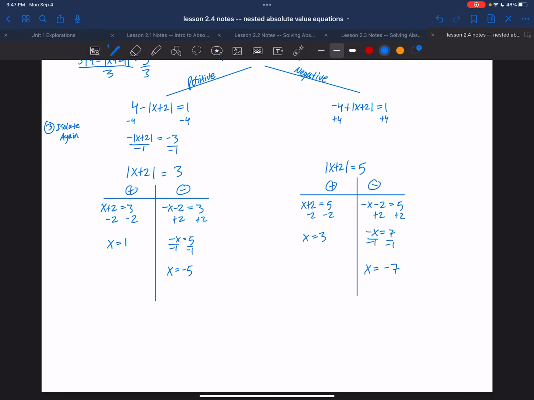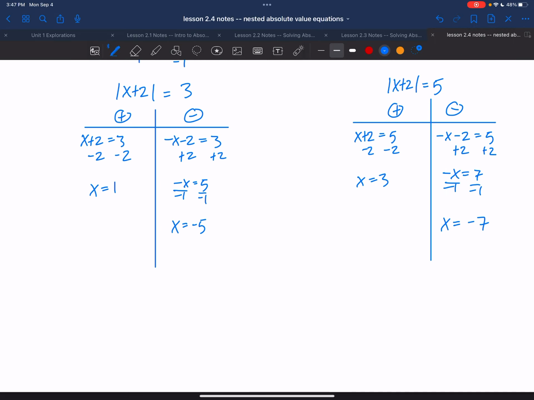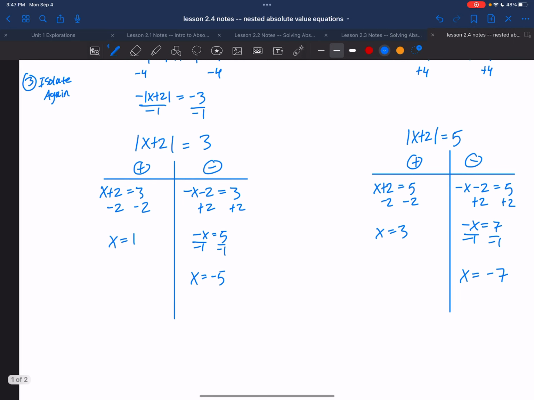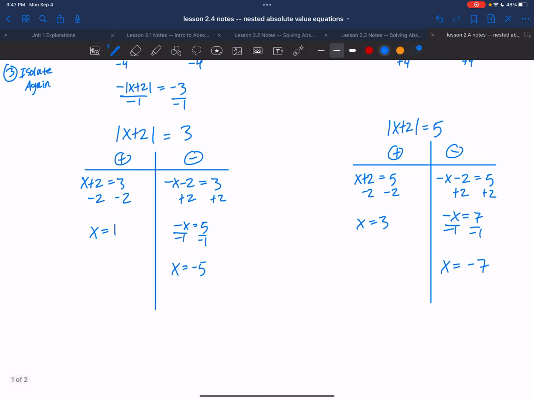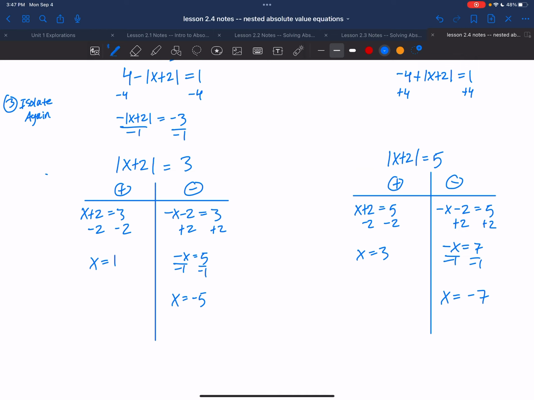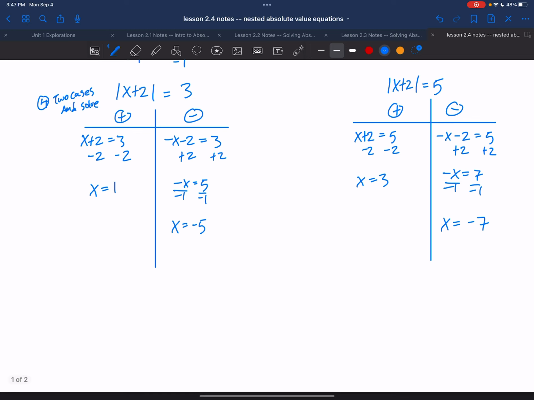But what do I need to do? I got to check, right? So step 4 was 2 cases and solve, which means the 5th step here is to check for extraneous.